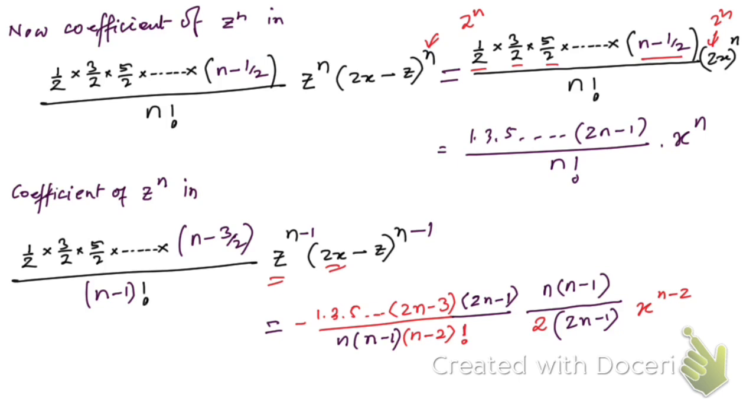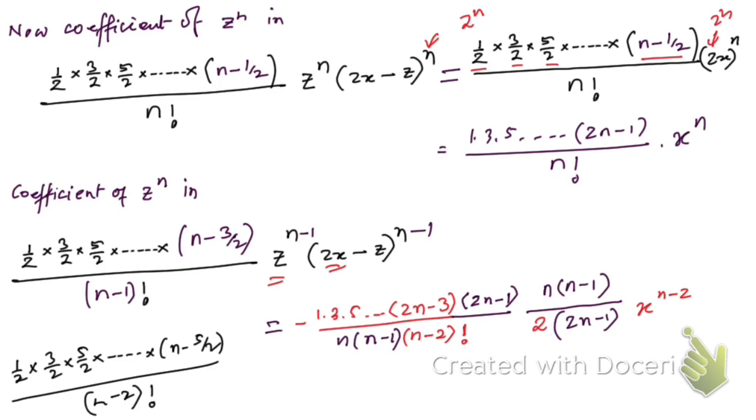So that term is going to be half into 3 by 2, sorry, it's supposed to be 3 by 2, not 5 by 2, then 5 by 2 and so on. Here we had n minus half, now we have n minus 3 by 2, then we're going to get n minus 5 by 2, divided by n minus 2 factorial.